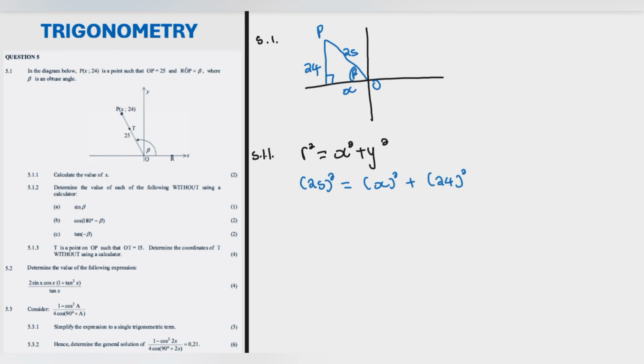Let's simplify. That means we're going to have x squared equals 25 squared, which is 625, minus 576. So we're going to square root that.